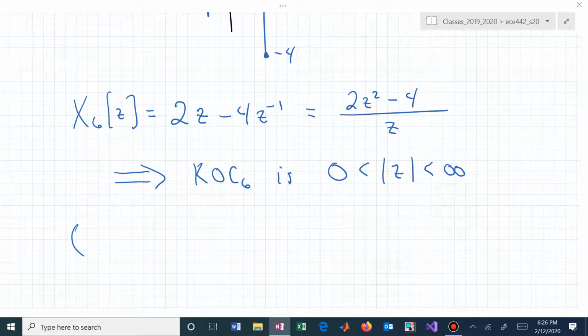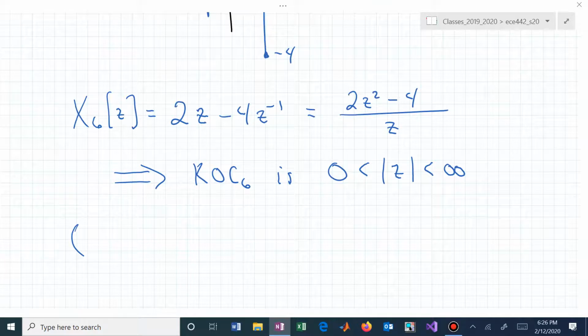So you'll say, I need more information before I can tell you what this Z transform corresponds to in the time domain. That's why we need the region of convergence to determine a unique sequence in the time domain, to determine a unique x sub 6 of n, to determine a unique x sub 5 of n.